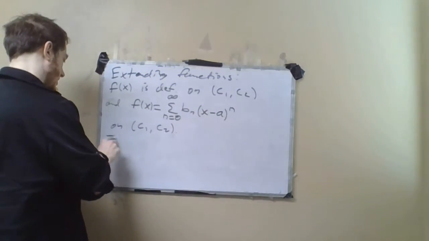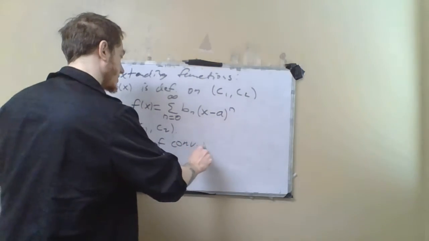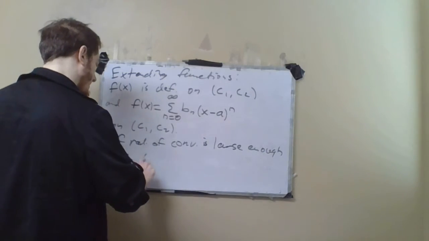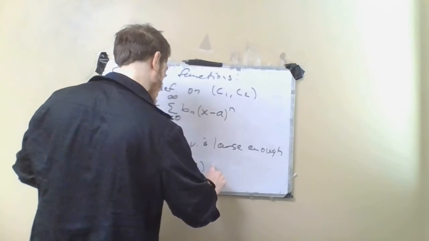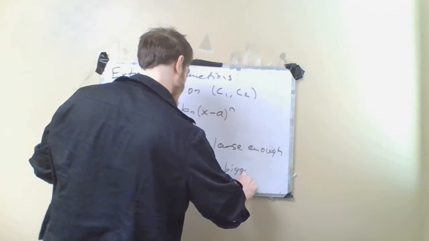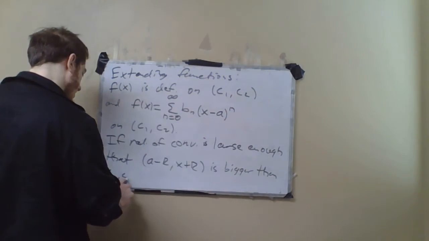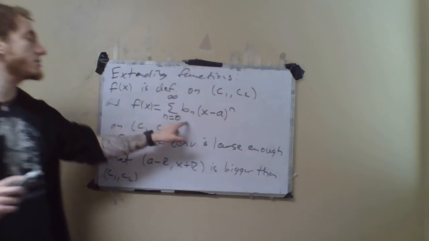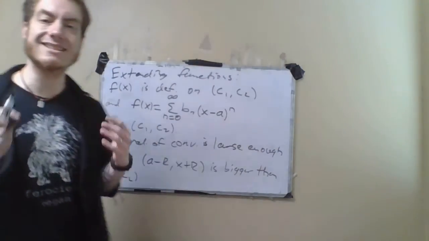Well, if the radius of convergence is large enough that the interval (a minus r, a plus r) is bigger than the interval (c1, c2), then we can consider this series as a way to extend our function in a way that makes sense.